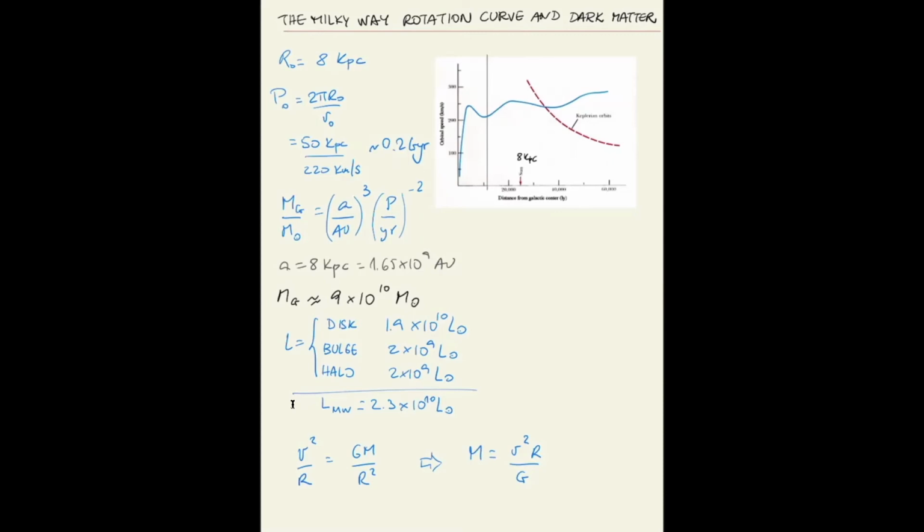At double the distance where the Sun is, you estimate that the velocity is about 270 kilometers per second. So if we assume that the orbit there is circular and we use this estimate for the mass, we find 270 kilometers per second squared times 16 kiloparsecs over the gravitational constant. The mass inside the radius is about 3 times 10 to the 11 solar masses.